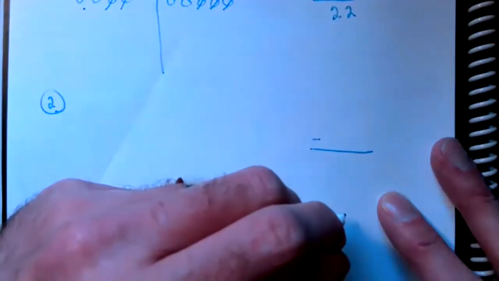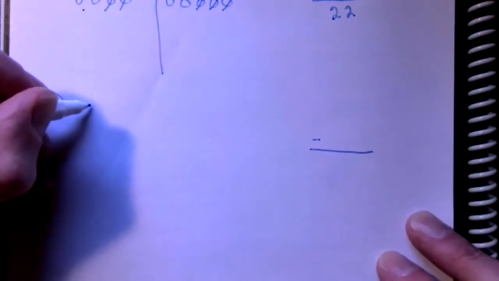I want you to come up with a 2-digit subtraction problem that I can do here that would involve unbundling.